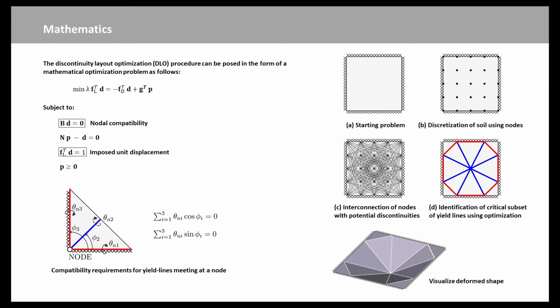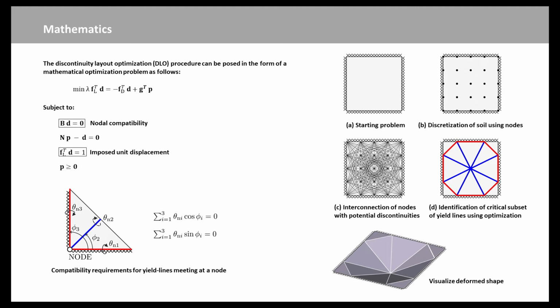In terms of mathematics, basically, you minimize the energy, subject to compatibility constraints and the unit displacement constraint, according to the principle of virtual work. The main constraint of interest is the nodal compatibility constraint.